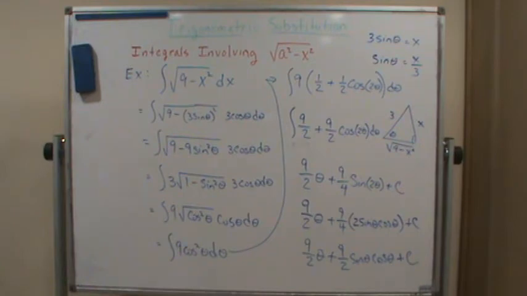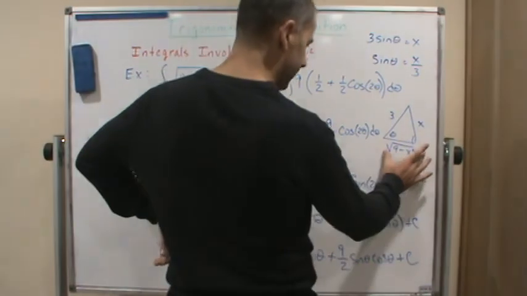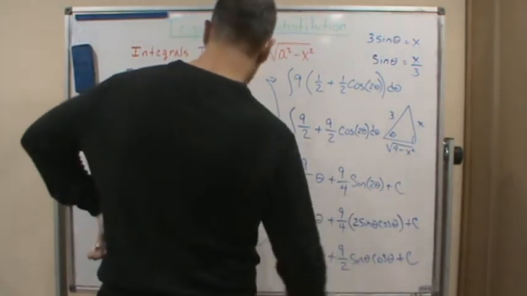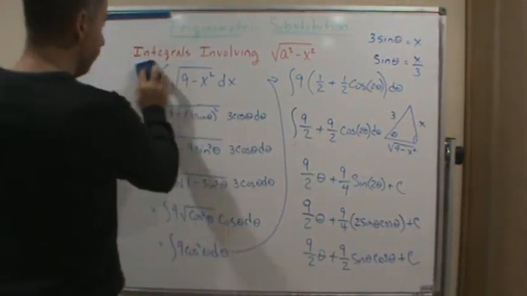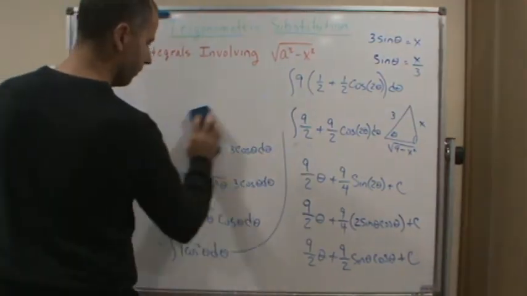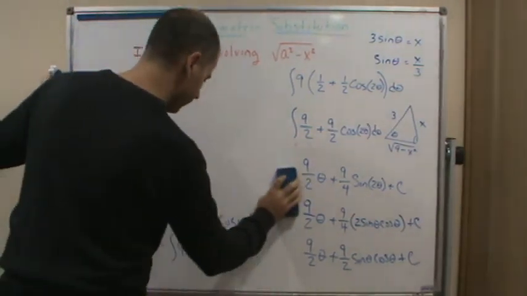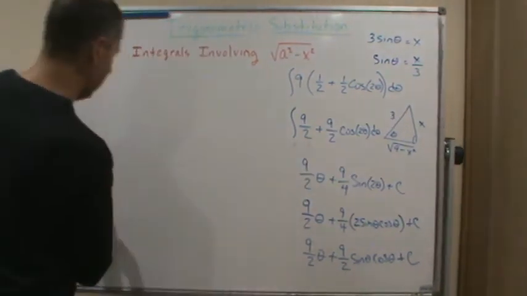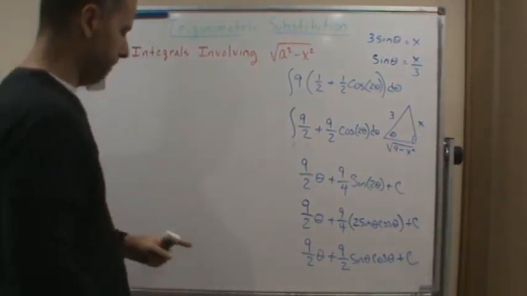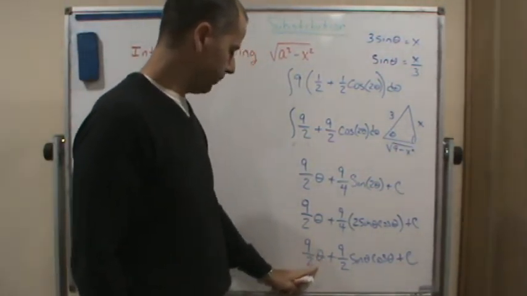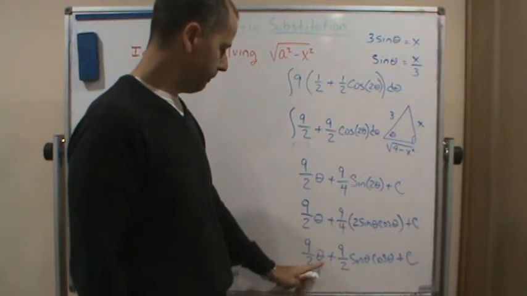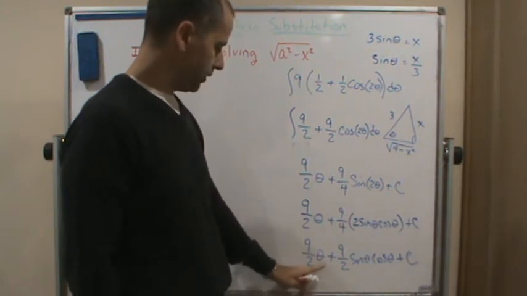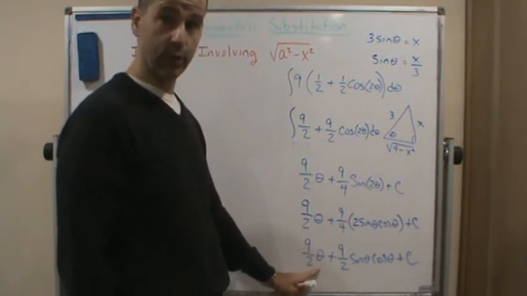And so now I have to do my substitution. So now, again, this is where the reference triangle comes in. And now I've got to take this and rewrite this in terms of x. Okay, so theta appears by itself, so this is where the inverse function is going to come in.